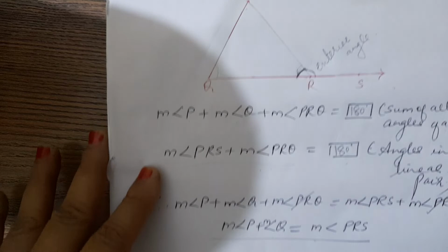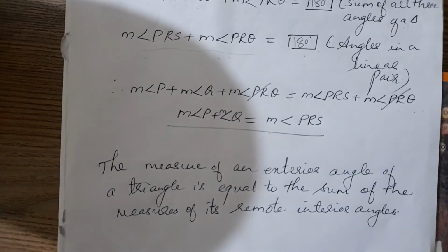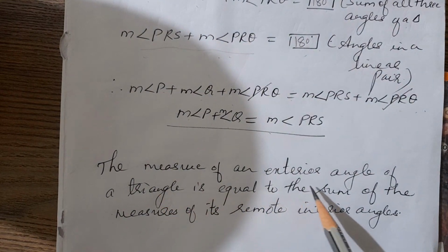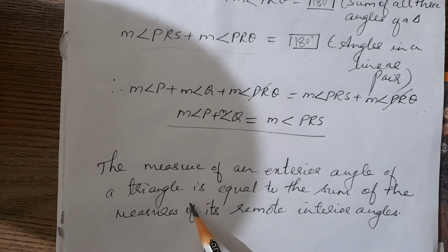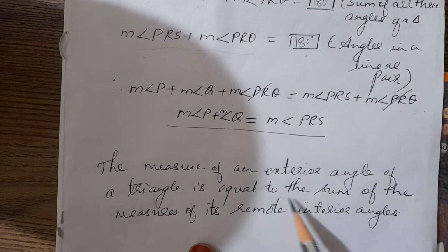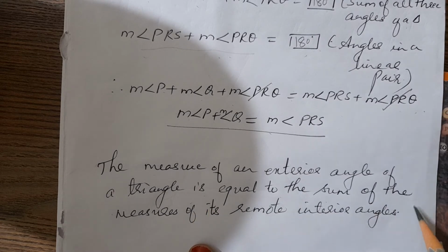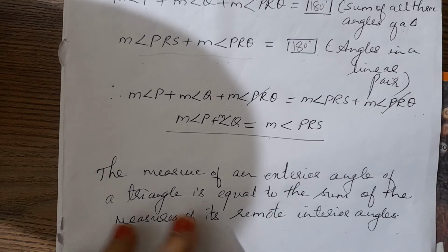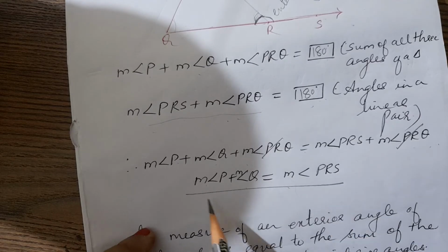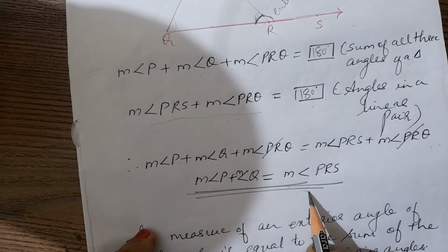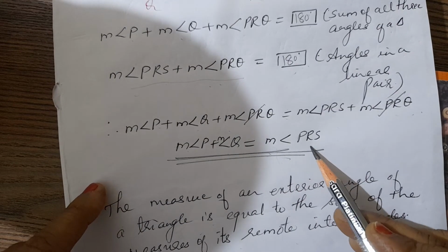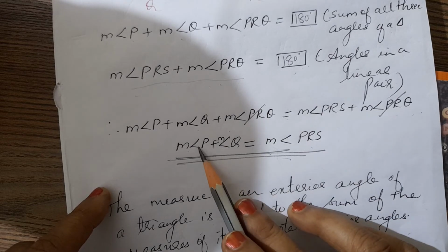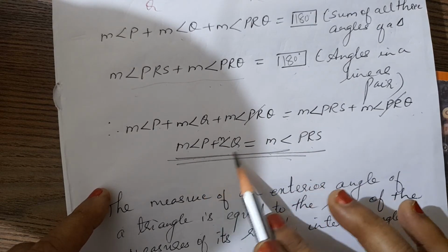So we are coming to the definition: the measure of an exterior angle of a triangle is equal to the sum of the measures of its remote interior angles. From this statement we have concluded that the measure of an exterior angle is equal to the sum of the measures of the remote interior angles.